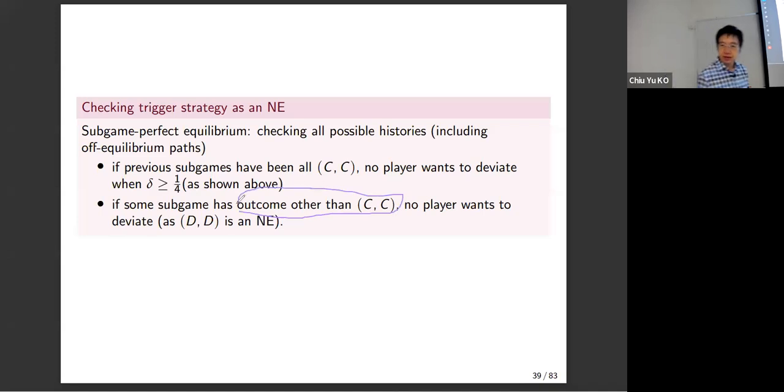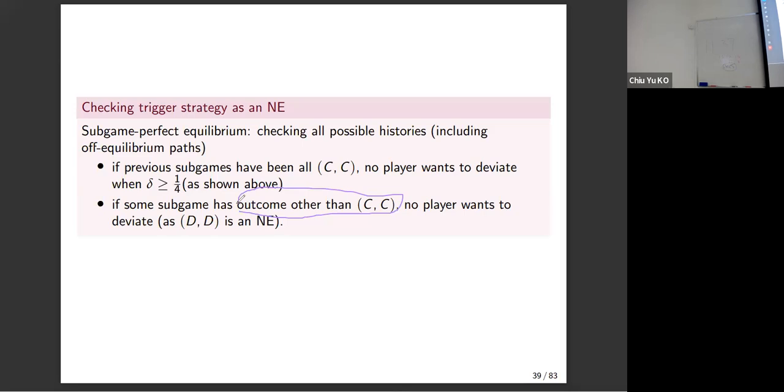Rather than CC, and do remind yourself that if there's no CC, if it's not cooperating before, the other guy will choose defect, right? And if they defect, I can't do anything. I would just have to choose defect. So that's why I check everything, done. So I need to be careful.